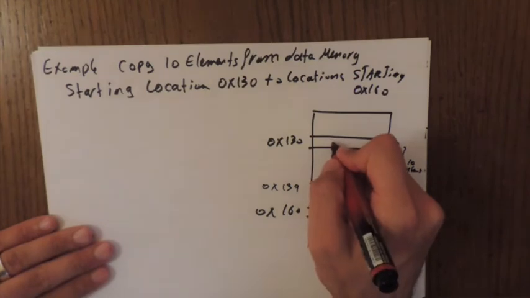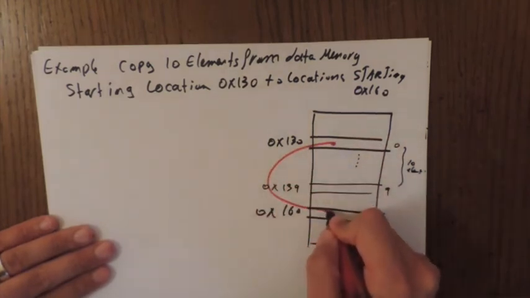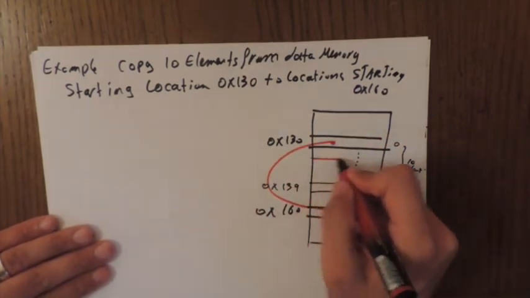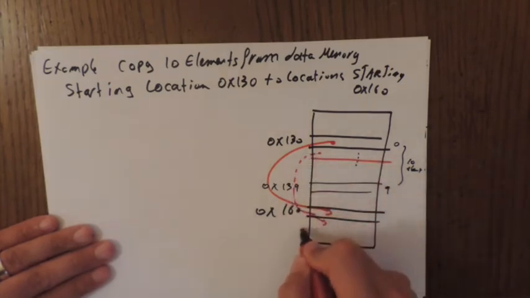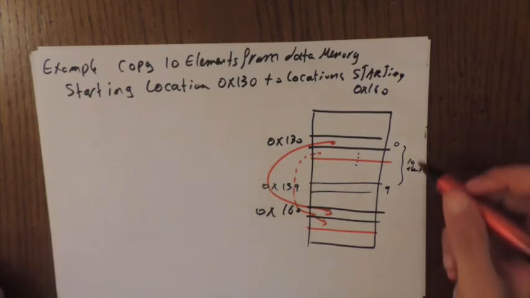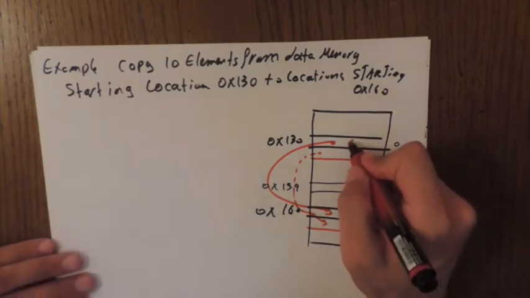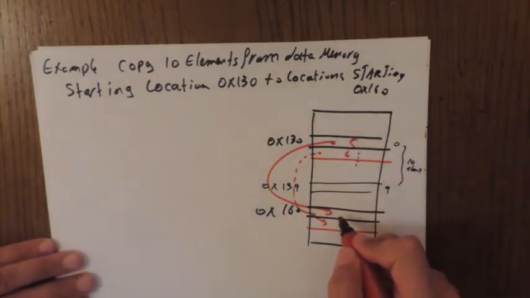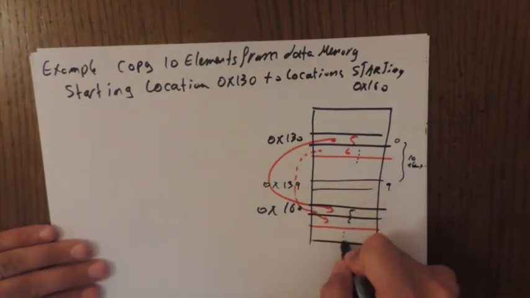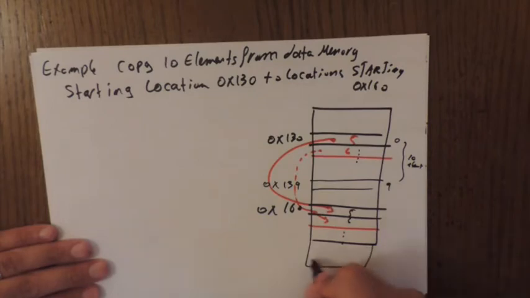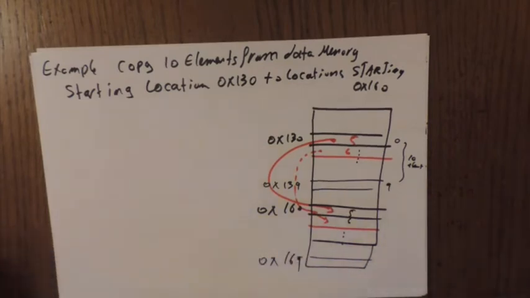So the first should go into this part, the second one should go into the second, and so forth. So if you have here 5, 6, I need to have in this case 5 and 6 all the way to 0x169. So I need to do this.